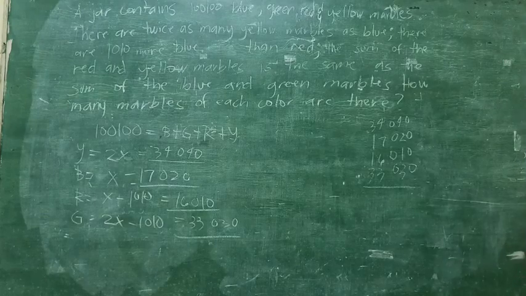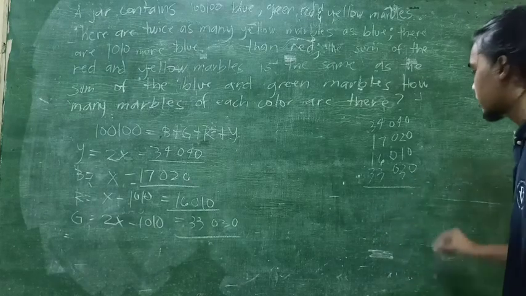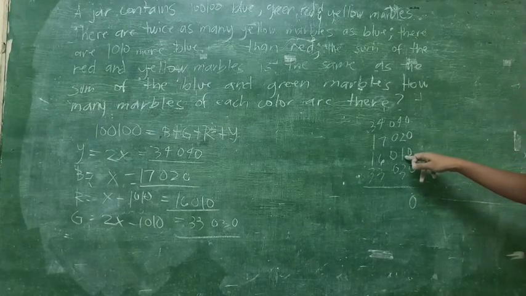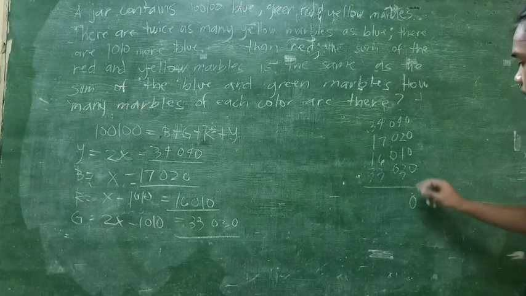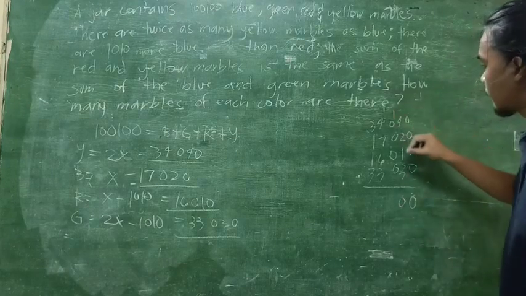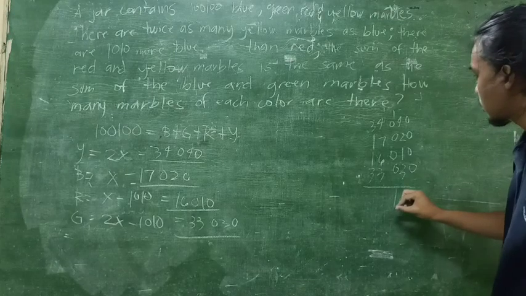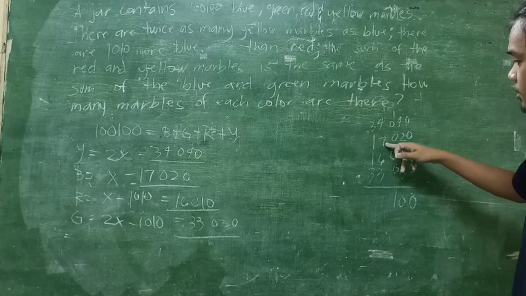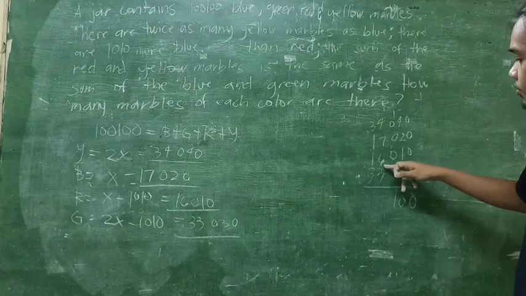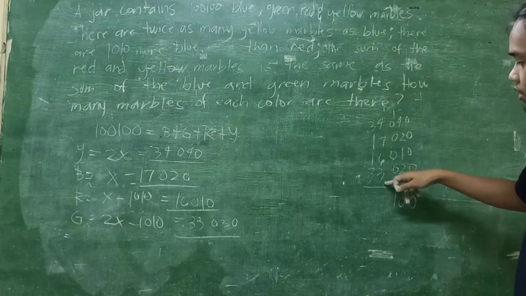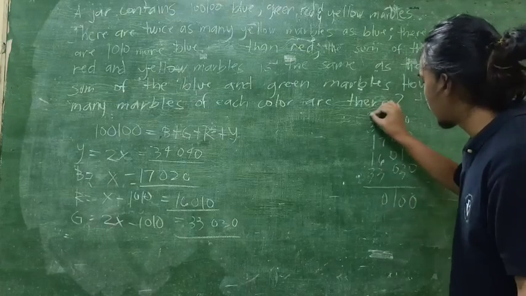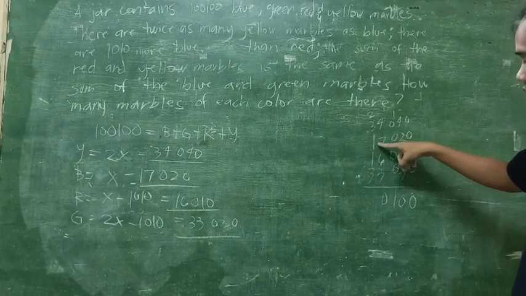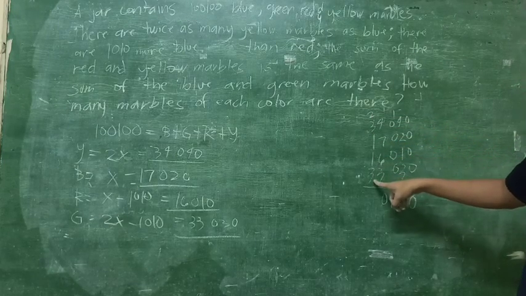Let's see if it is equal to 100,100. 0 plus 0 plus 0 plus 0 is 0, 4 plus 2 plus 1 plus 3 is 10, and so on through the columns.